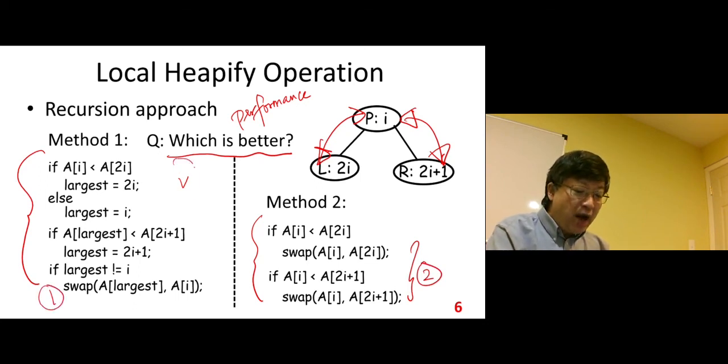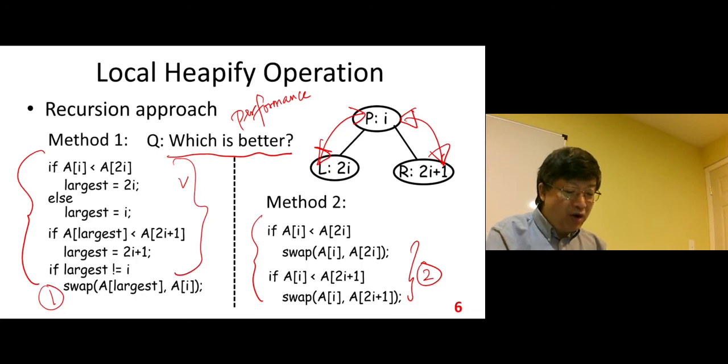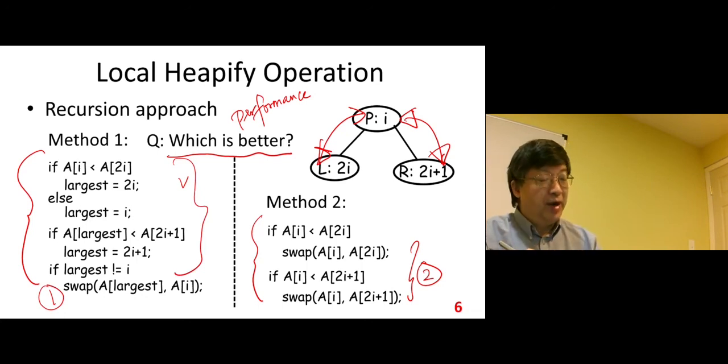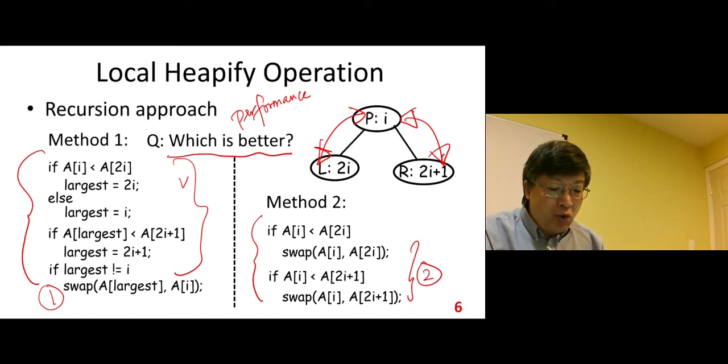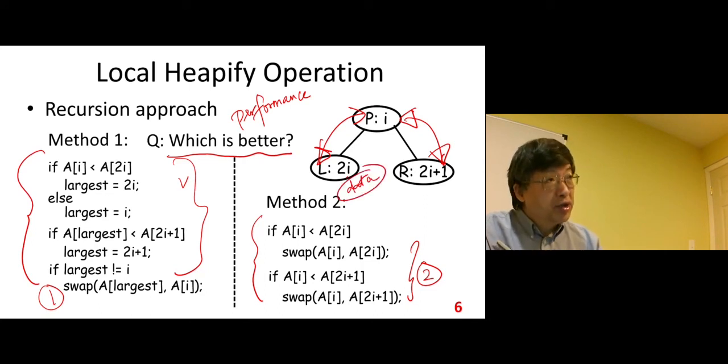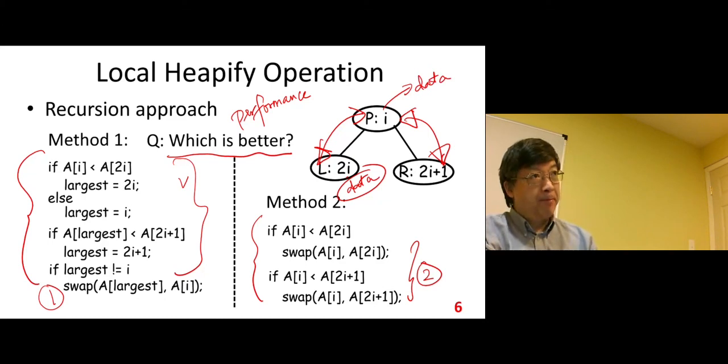Although we use more comparisons than in this case, when we do a swap operation, we may need to copy data stored in each node. A node could store data, so we need to do data copy.